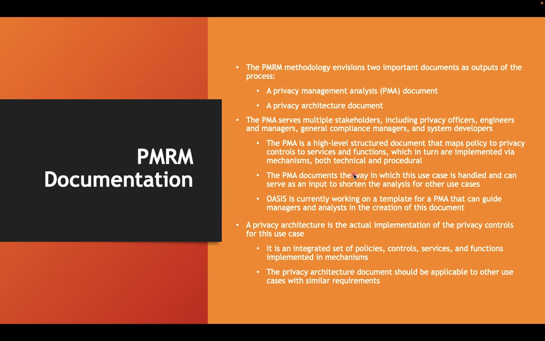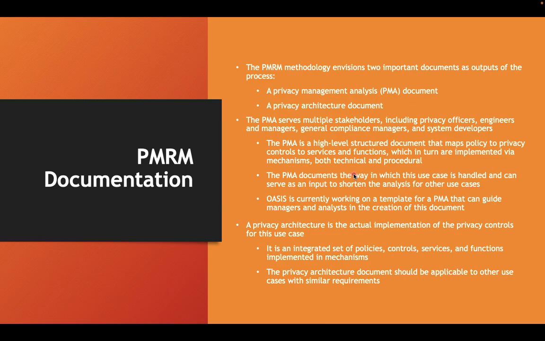OASIS is currently working on a template for the PMA, privacy management analysis, that can guide managers and analysts in creating the document. The privacy architecture is the second part of the PMRM.